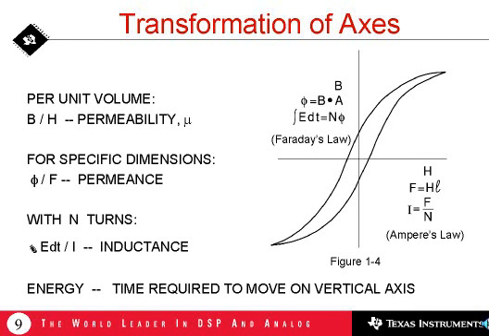If we decide to use this material in designing a magnetic device, and if we then select, at least tentatively, a specific core made of this material, we can go to the manufacturer's data sheet and find the specific cross-section area of this core and the magnetic path length.